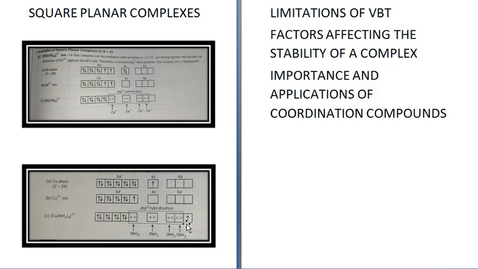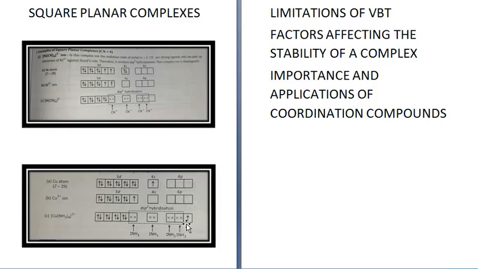Metal extraction and purification: metals like silver and gold are extracted through conversion into soluble complexes from which the pure metal is obtained. Impure nickel is purified by converting it to nickel carbonyl and then decomposing it. Ziegler-Natta catalyst is used in the formation of polythene.